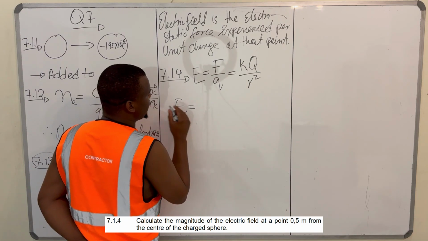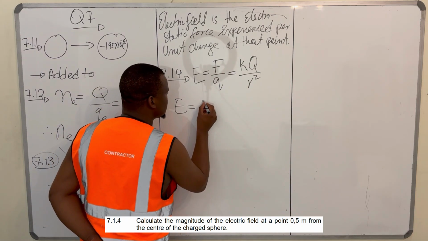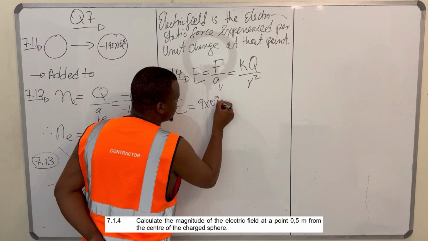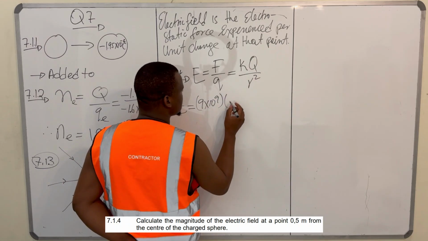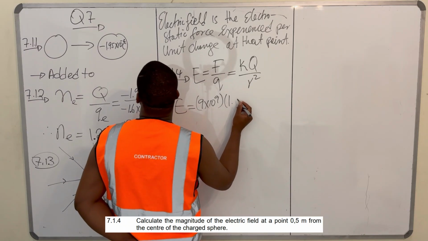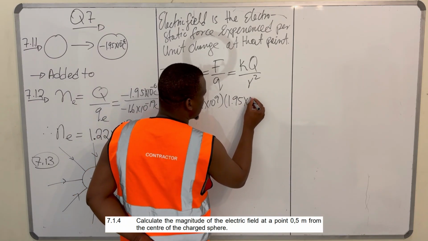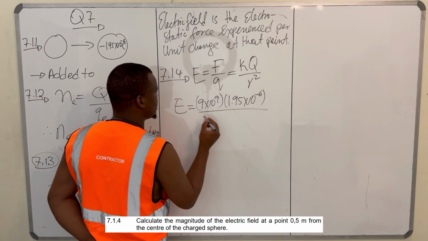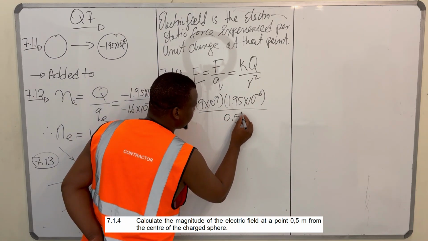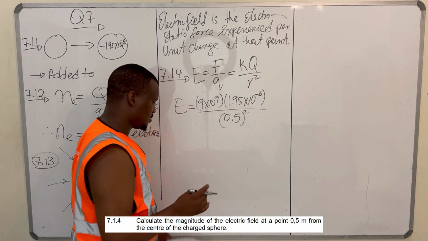So your electric field will be equal to k, which is 9 times 10 to the 9, times your charge. What is your charge? It's 1.95 times 10 to the power minus 6, divided by the distance, which is 0.5 meters, squared.